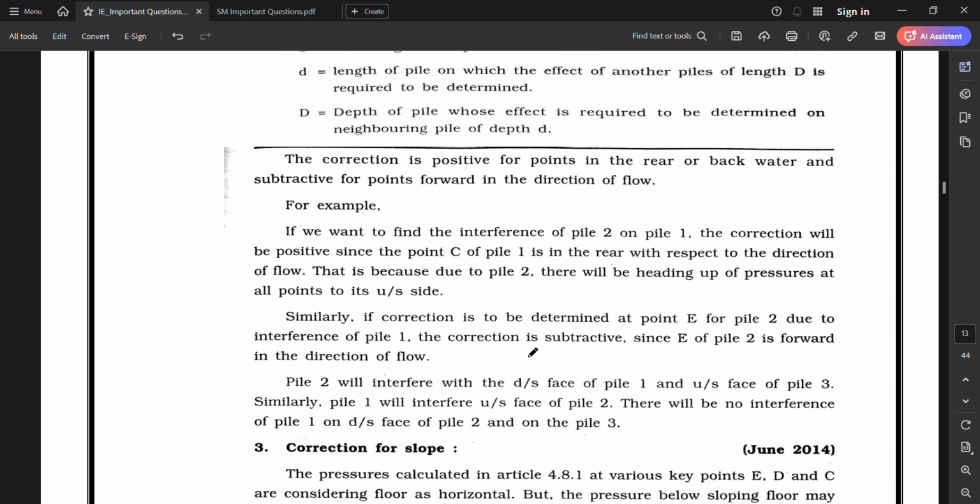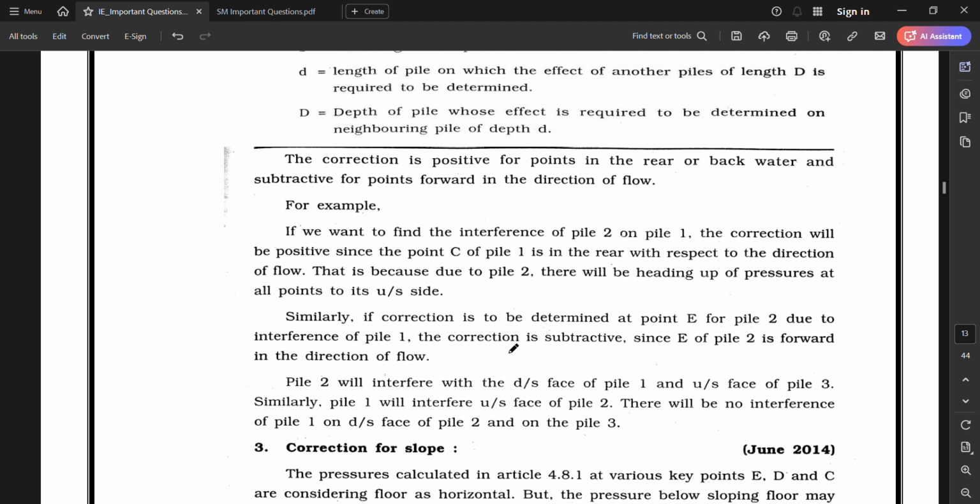The correction is positive for points in the rear or backward, and subtractive for points forward in the direction of the flow. For example, if we want to find the interference of pile 2 on pile 1, the correction will be positive since the point C of pile 1 is rear with respect to the direction of the flow.